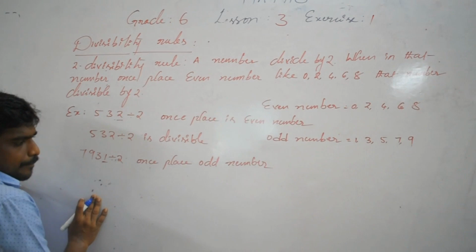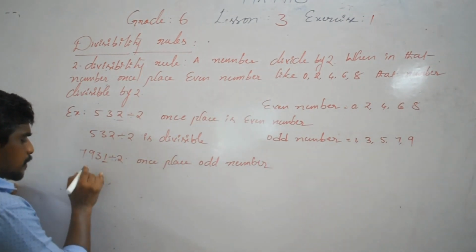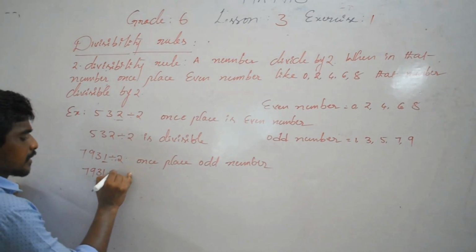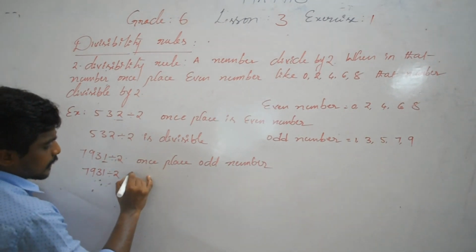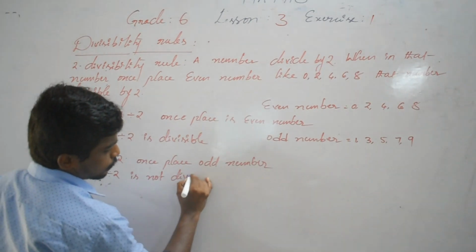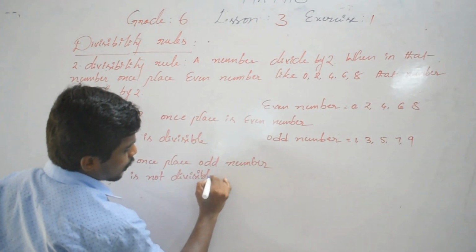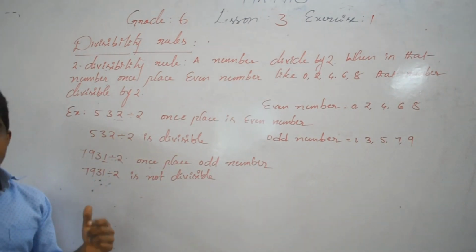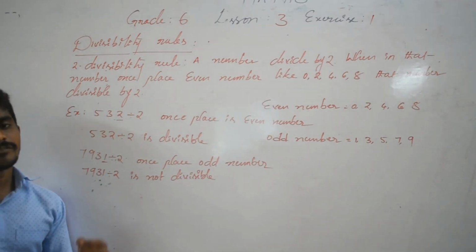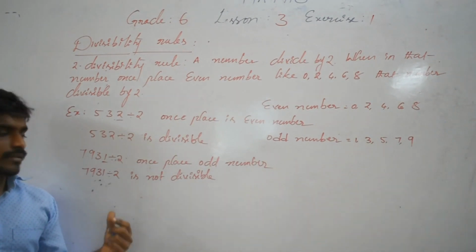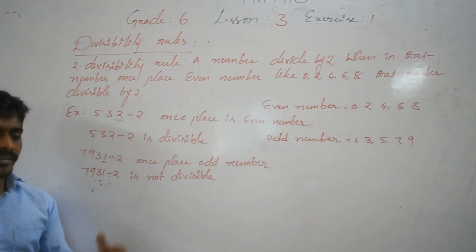Remember, 1 is an odd number. So here ones place is odd. 7931 divided by 2 is not divisible. When we say divisible, in ones place only an even number. If an odd number is given, that is not divisible.